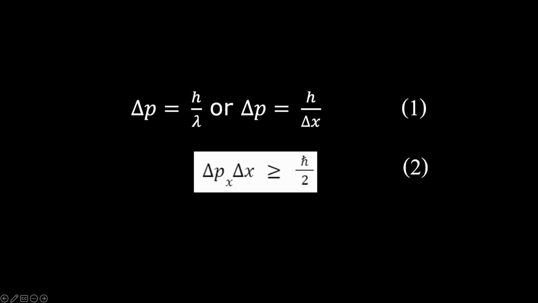So once again, these equations are essentially relating momentum to lambda, which is wavelength, or delta x, and Planck's constant. That's equation 1. And equation 2 is relating momentum and position to Planck's constant, essentially divided by 4 pi, but the h bar already incorporates 2 pi into it.